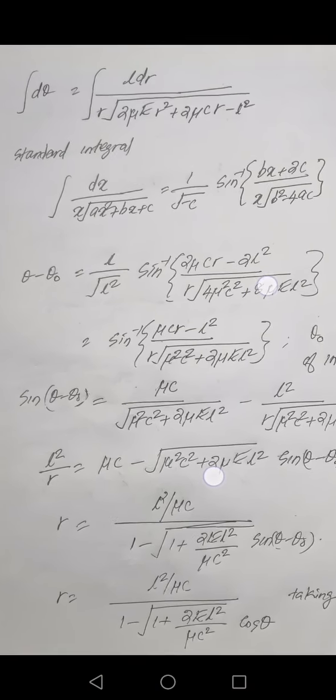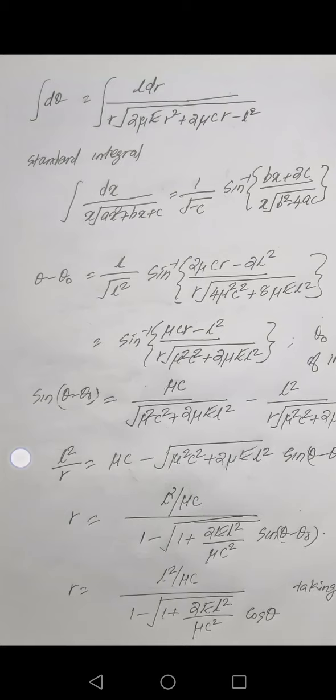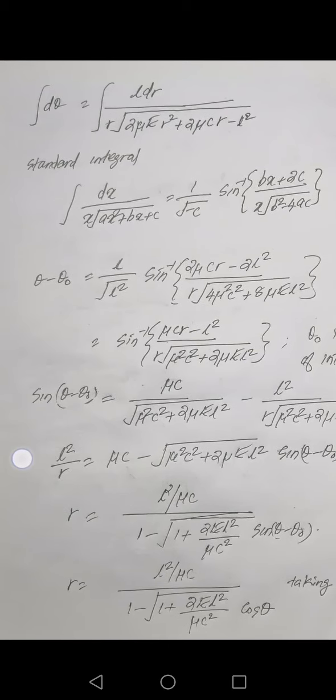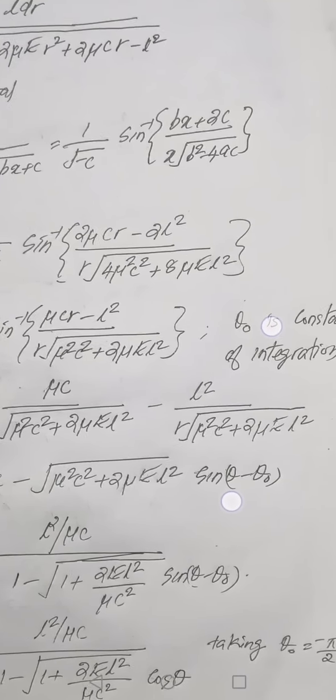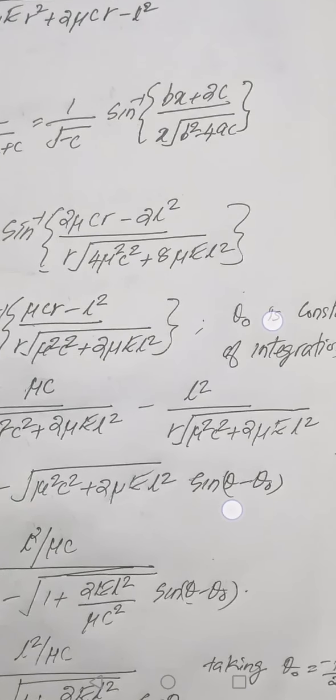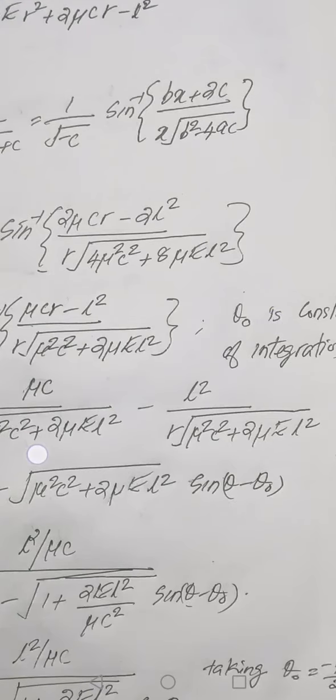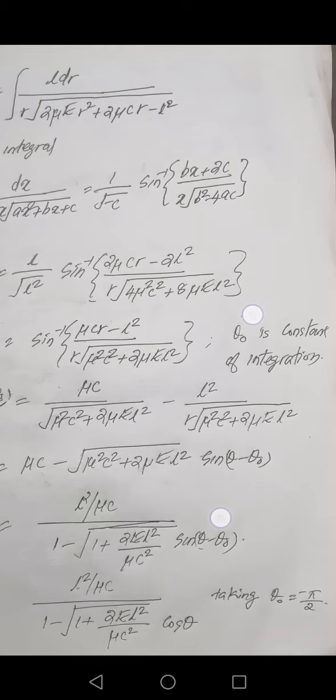Therefore sine of theta minus theta 0 is equal to mu C by square root of mu square C square plus 2 mu E L square, minus L square divided by r root of mu square C square plus 2 mu E L square.